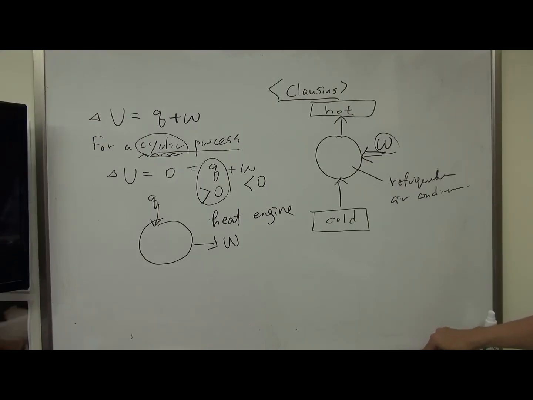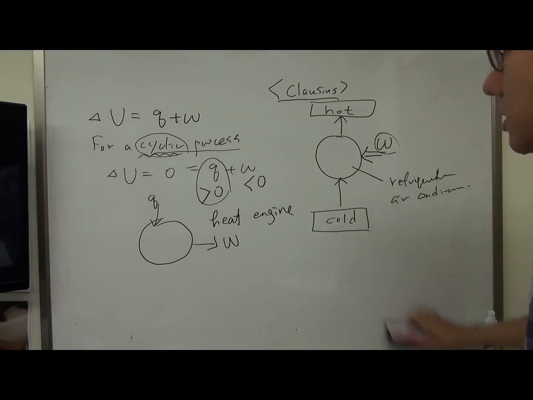How about Kelvin? Lord Kelvin said, in a cycle of processes, it is impossible to transfer heat from a heat reservoir and convert it all into work without at the same time transferring a certain amount of heat from a hotter to a colder body.